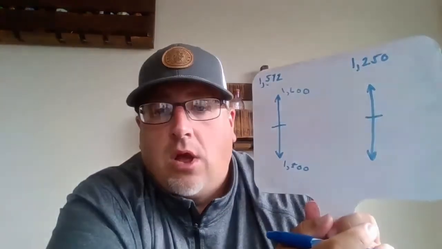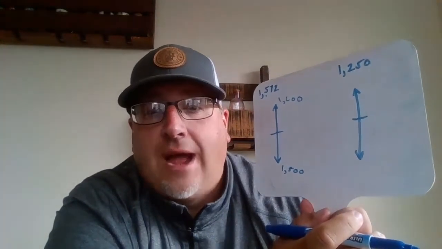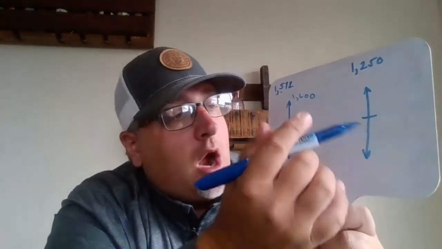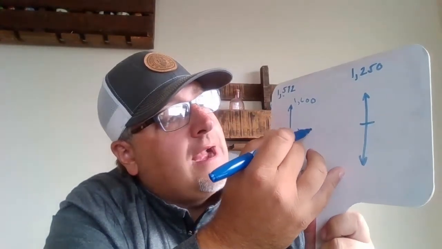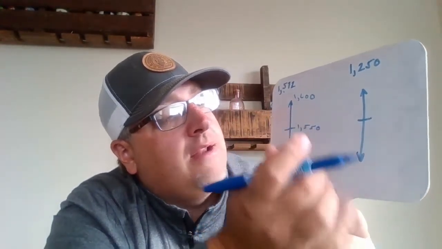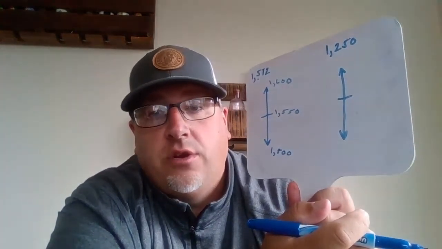Round up to 1,600 or round down to 1,500. Our midpoint is going to be 1,550. That's in between 1,600 and 1,500.